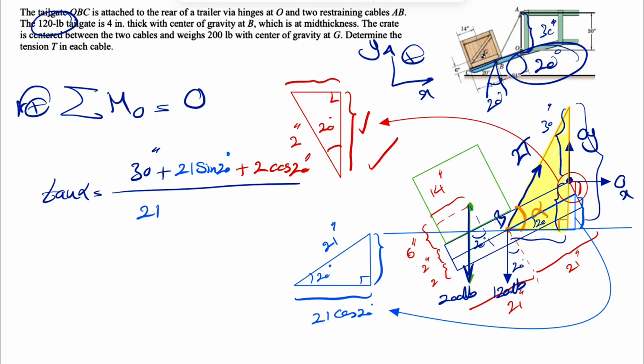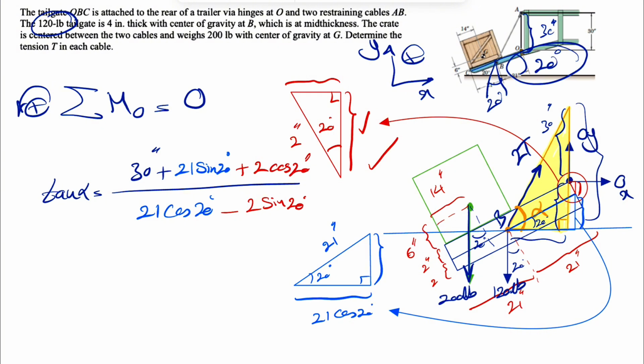So 21 cosine of 20 degrees minus, this time, we have to subtract this side of the red triangle, which will be 2 sine of 20 degrees. So that was the hardest part of this question.